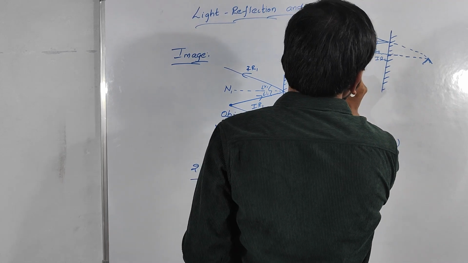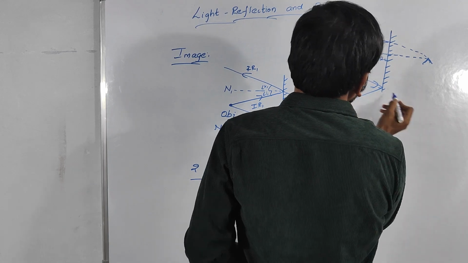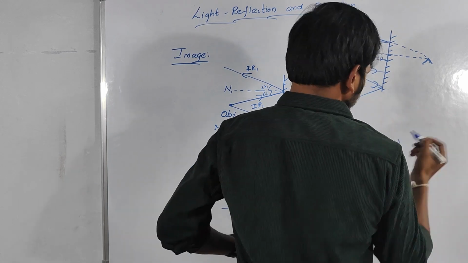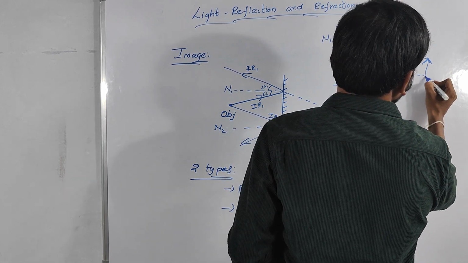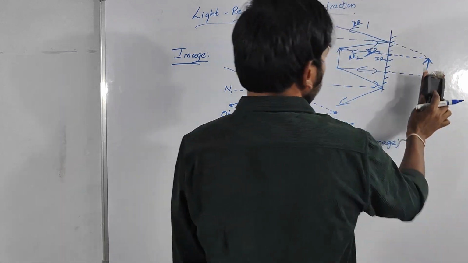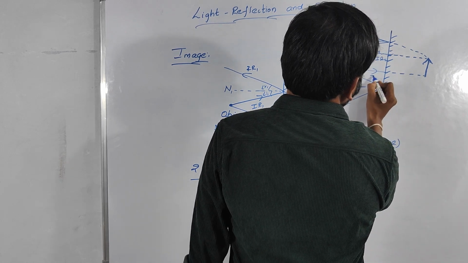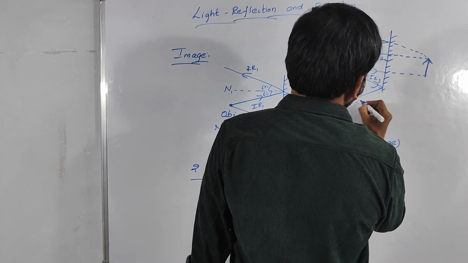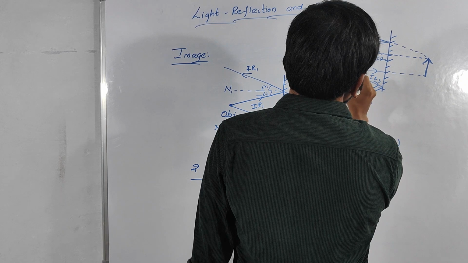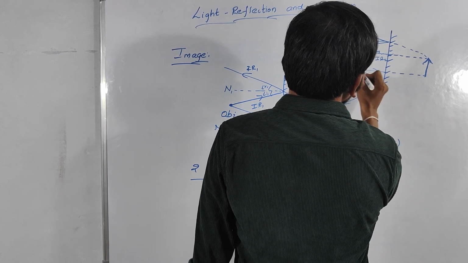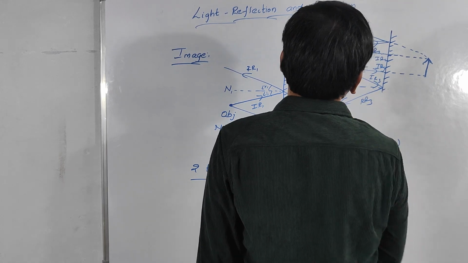In the same way, for this point also, I'll take one light ray from here, it reflects in this way, and there is a normal. I'll take another light ray along the normal, it reflects back. When they are extended, here the body of it is formed, such that this is the image of this object. Let me consider these as IR3, RR3, N3, and this one is RR4, IR4, and the normal is N4.